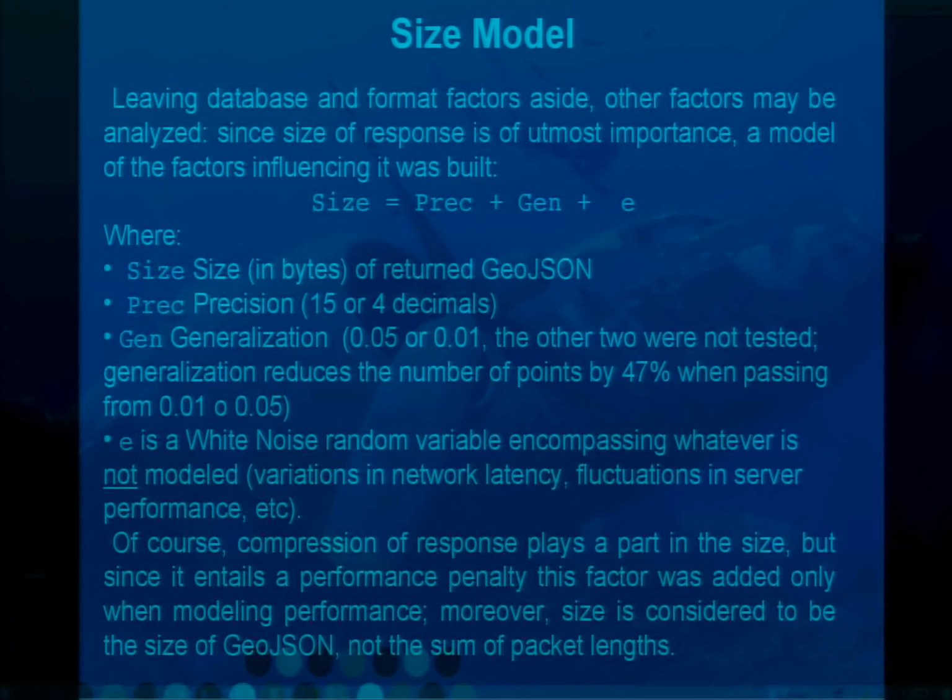We tried with 4 and 15. 15 is full precision. 4 is a reduced one, but still, at some zoom levels, it's good enough because the user won't notice the difference. Then generalization, you remember the introduction of the number of points per polygon, plus E. E is whatever I haven't considered yet, so it's supposed to be white noise.